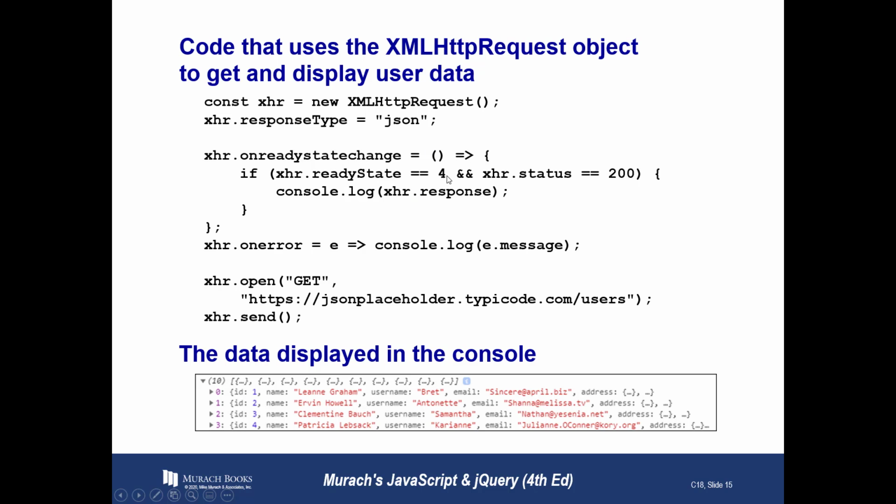And we're saying if the ready state is 4, meaning that I believe everything is copacetic, it's all cool, and the status is 200, then log out the response. On error, you're going to log the error message. And then you'll notice in here, we do an open. It's a GET to just display some information. So it's displaying the different users to us.